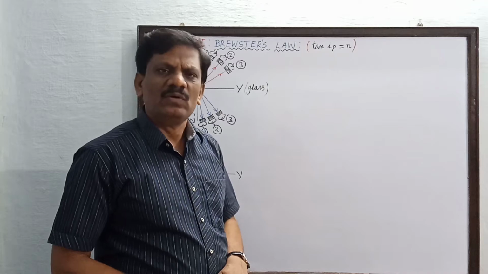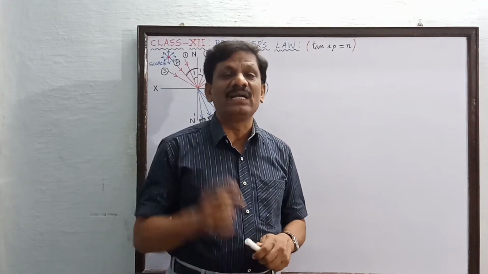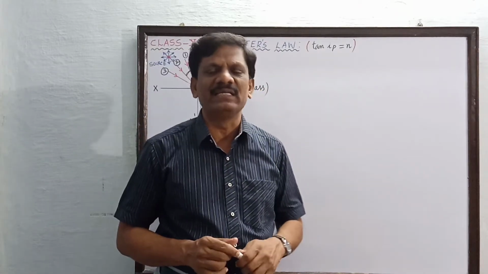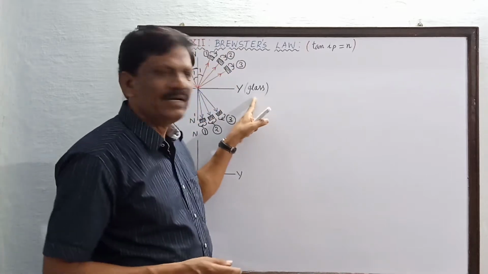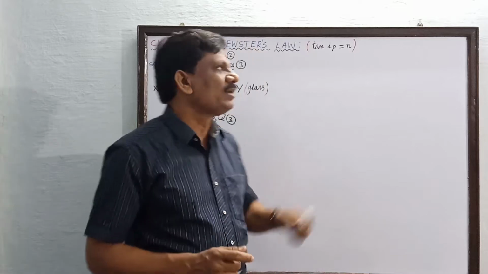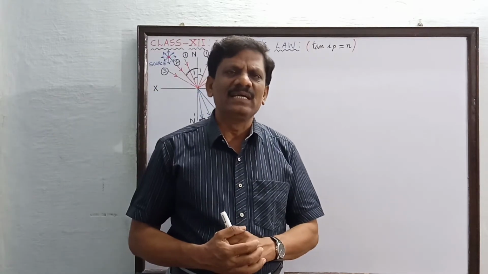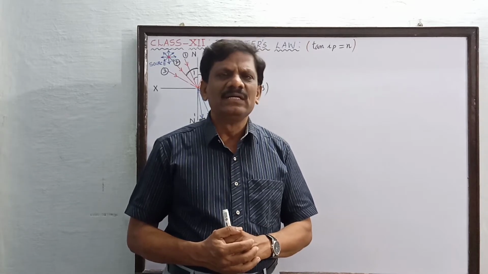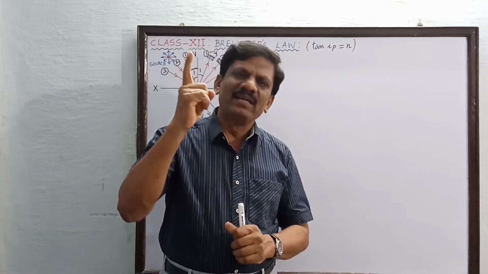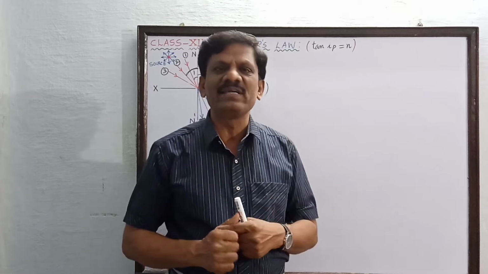Understand? What are the important factors to be remembered at the polarizing angle? This is the angle of polarization, or polarizing angle, for the given medium, namely glass, denoted by the symbol IP. What is the speciality at this IP? There are two specialities. One is, at this angle of incidence, the reflected ray is 100% polarized.